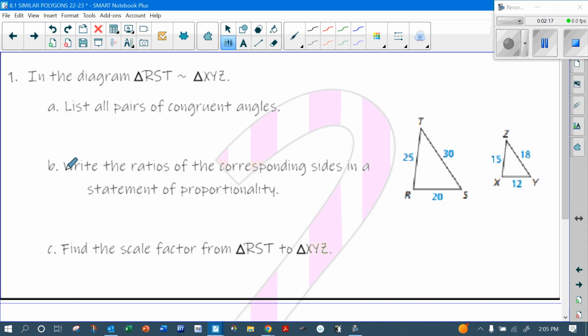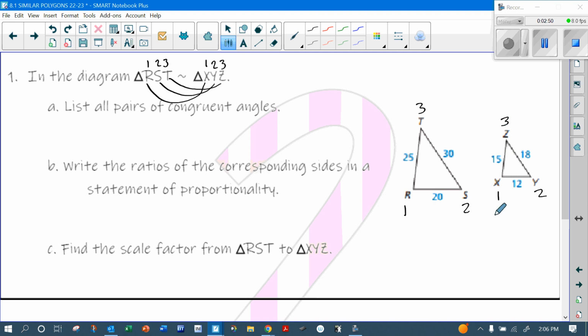All right, so let's look at some examples. I know on your notes some of the numbers are really hard to read, so hopefully you can see them better here. Just like I did when we were doing congruent, I did 1, 2, 3, 1, 2, 3. I'm doing the same thing here. Angles R and X are going to be my number ones. S and Y are going to be my number twos, and T and Z will be my number threes.